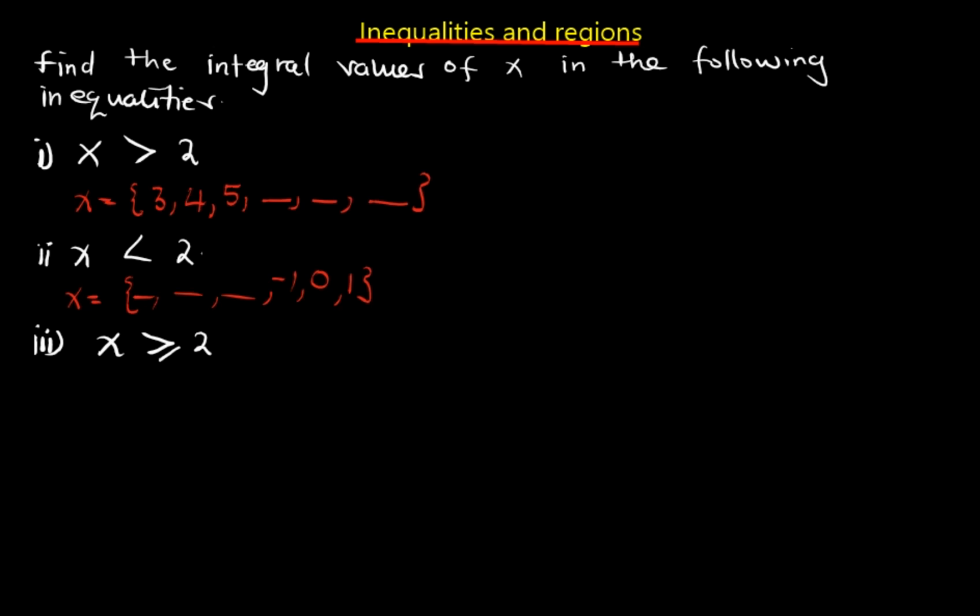Therefore, the integral values of x that are greater than or equal to 2, we shall start with 2 itself. We go to 3, we go to 4, 5, 6, 7, 8, and the other values.